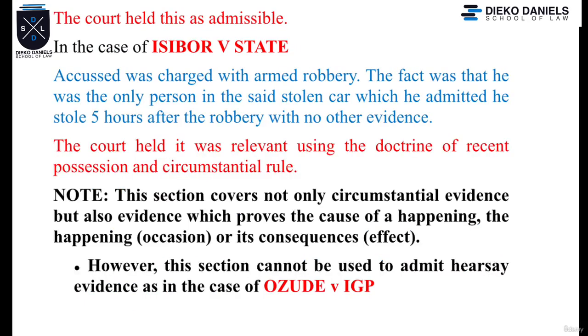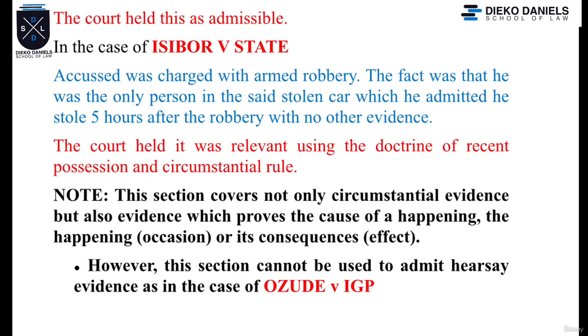Now, in the case of ISIBOR versus the state, the accused was charged with armed robbery. The fact was that he was the only person in the said stolen car, which he admitted he stole 5 hours after the robbery, with no other evidence. The court held that it was relevant using the doctrine of recent possession and circumstantial evidence.